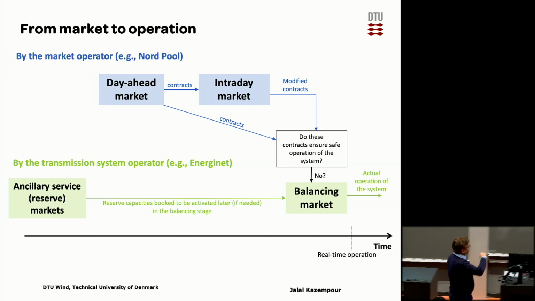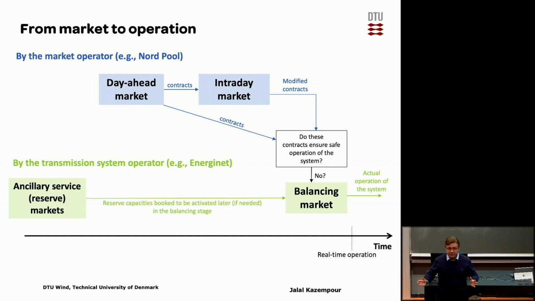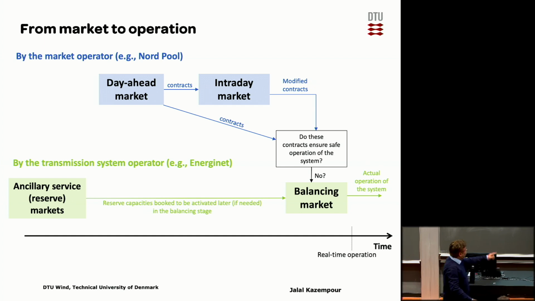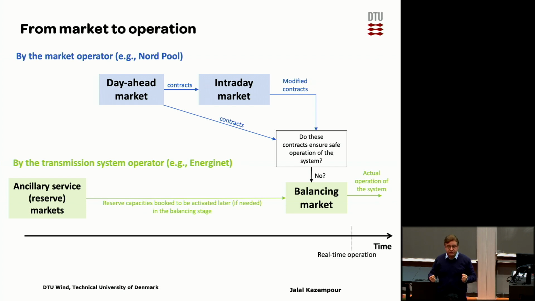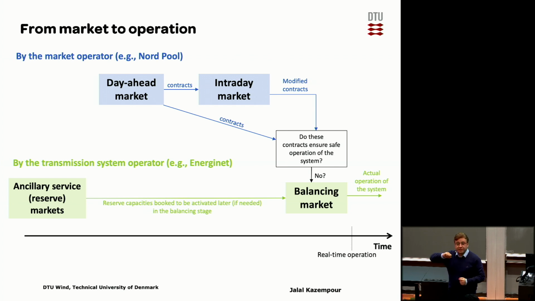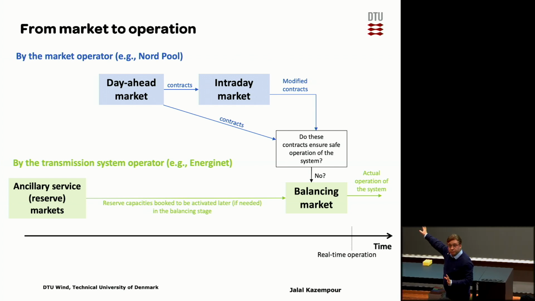But as I said, balancing market happens in real time, almost real time. You cannot just pray that hopefully there will be someone who offsets the 2 megawatt imbalance. We have to make sure that we already booked flexible resources, either on the generation side or demand side, to provide us balancing services. We call it ancillary service markets or reserve markets. Who clears that?